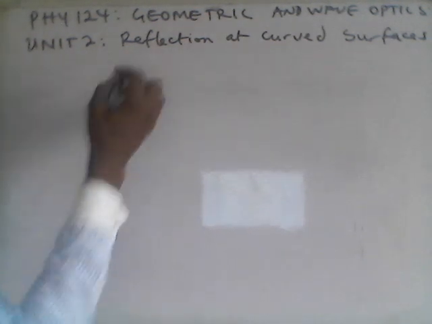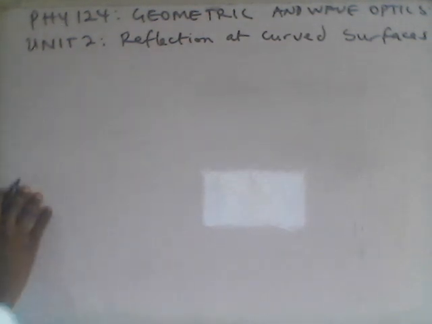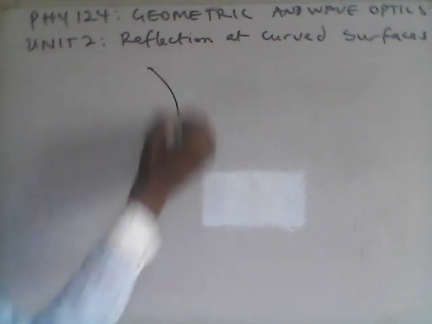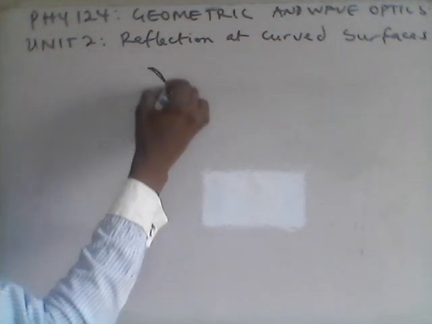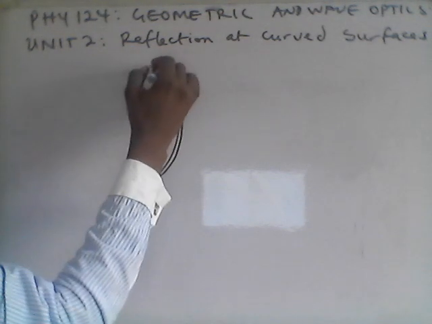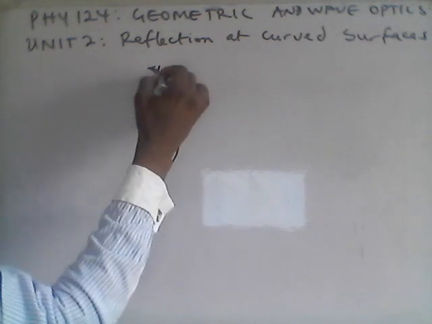So we'll dive into the structure of a concave and a convex mirror. Let's look at how it looks. This is a concave mirror, and the mirror is like a bent glass, so I can just put a thickness here. This bent glass has the glass side and the coated side.